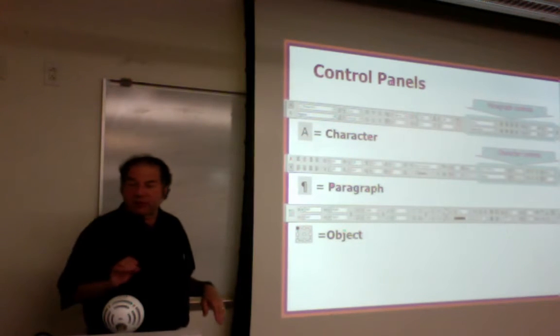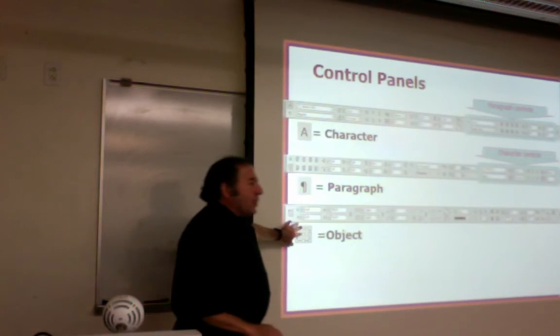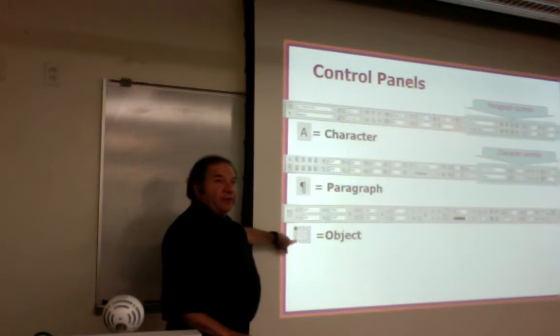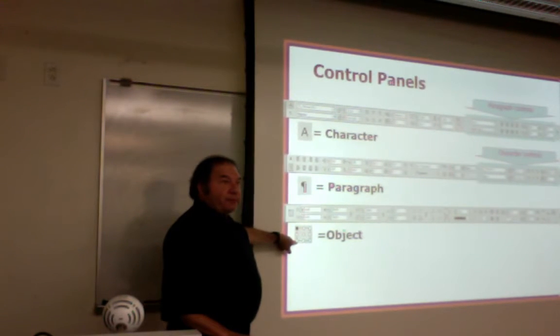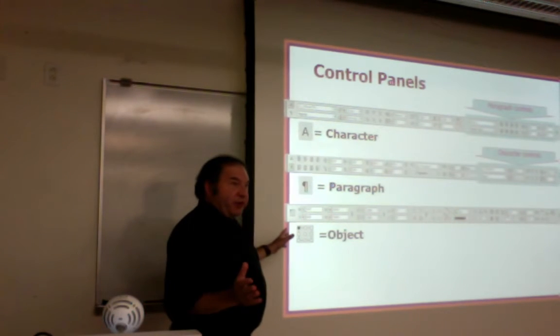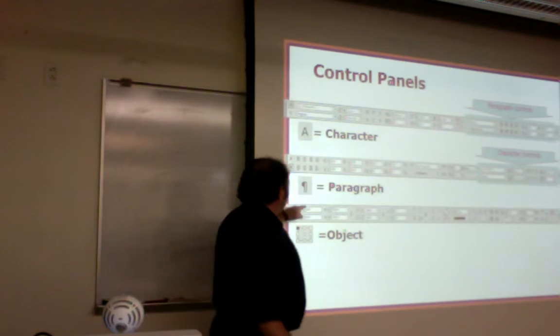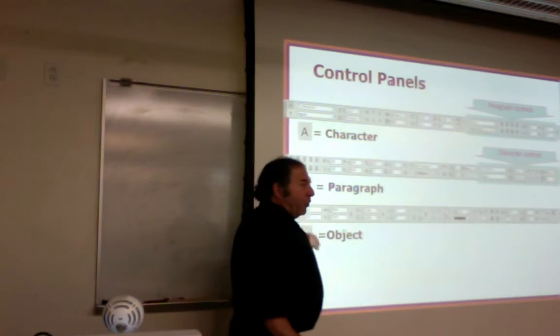All right, so this is what the three control panels look like. The one you have open right now is object. It should look like this, right? Does it look something like that? All right. So this actually represents an object, something that would be on the screen that you'd be working with. And over here you've got the X and Y. That's the position of where it is.